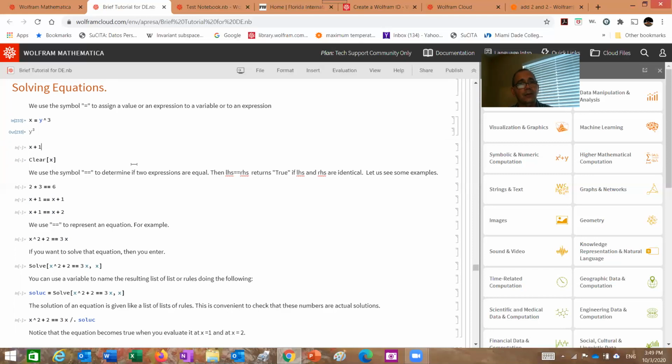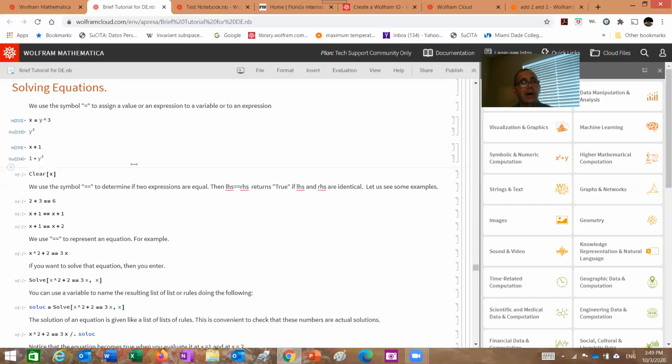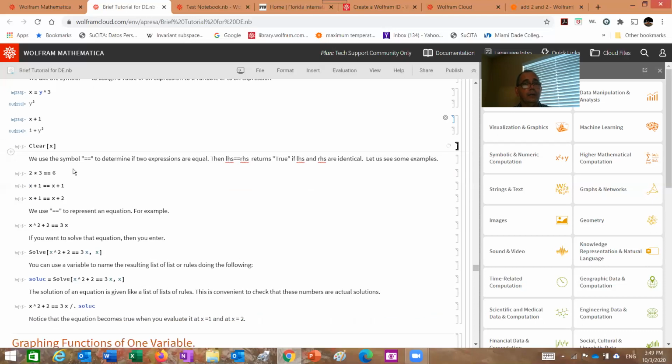And now, if you calculate x plus 1, what do you get? You get 1 plus y to the third. And now you can clear that definition of x by clearing the x. Now, the double equal sign is used basically for equations.